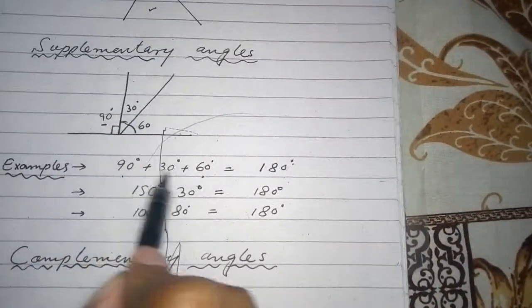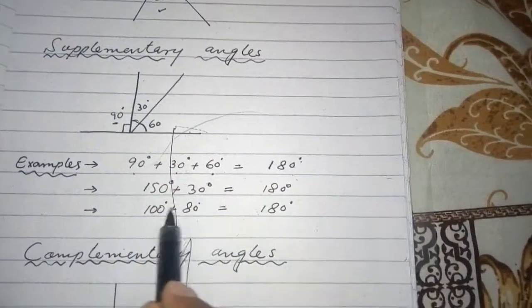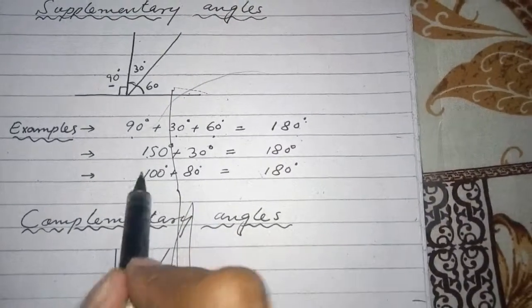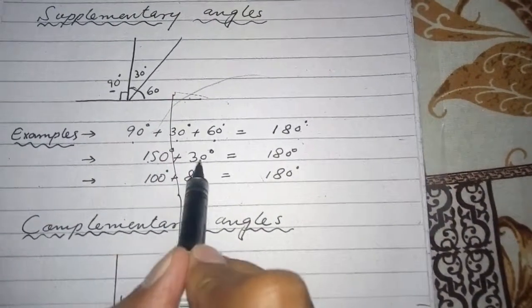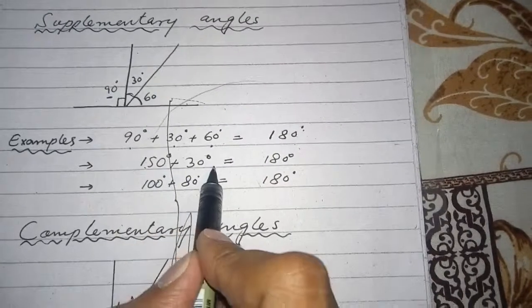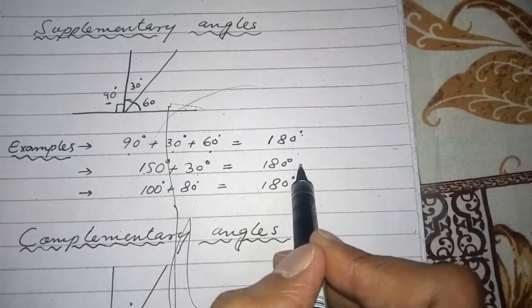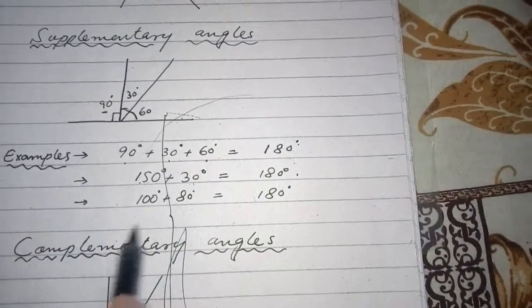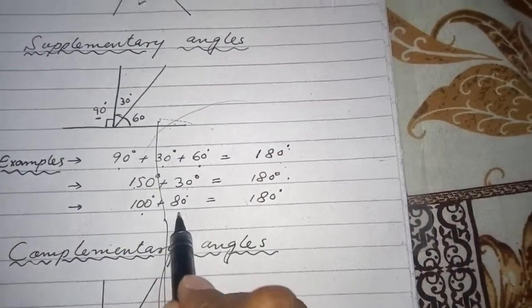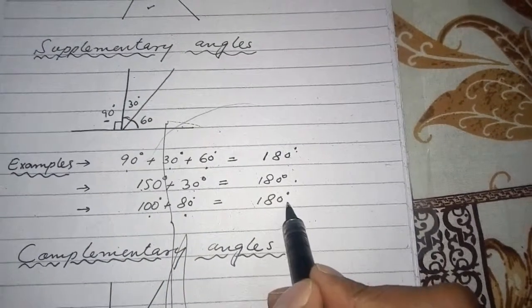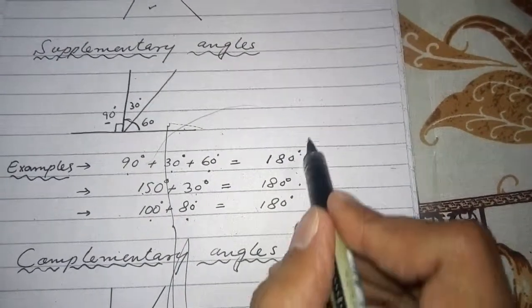Other than it, we can form different shapes like 150 degree plus 30 degree. These two angles are different, and the sum of these two angles is equal to 180. Another example, 100 plus 80 degree. The sum of these two angles is equal to 180 degree.